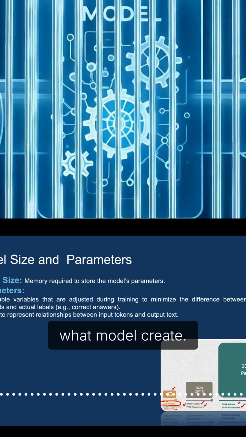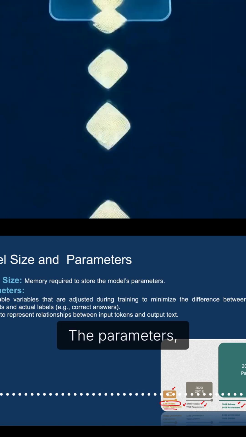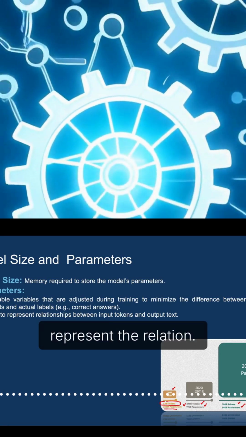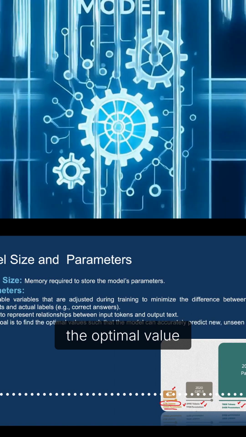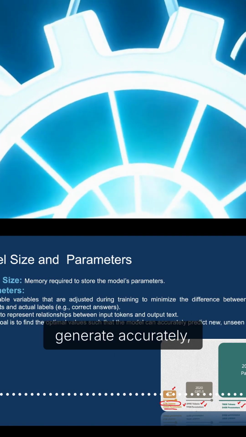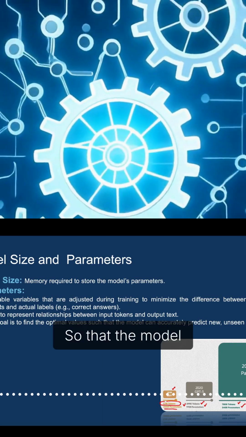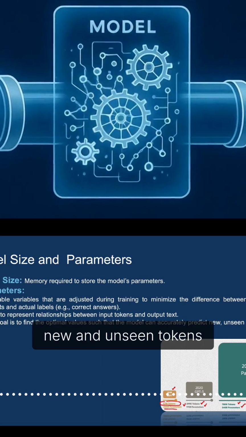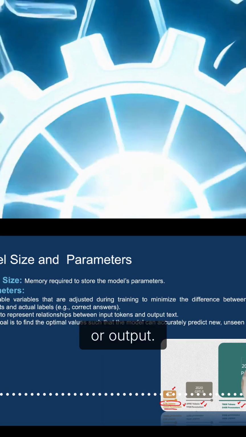What goes in and what the model creates: what is the relation between the input and the output? The parameters represent that relation. The goal is to find the optimal values so that tokens are generated accurately, so that the model accurately predicts new and unseen tokens or output.